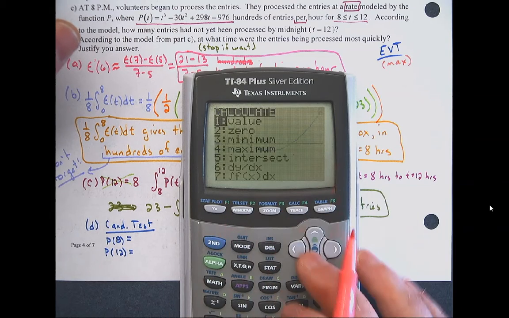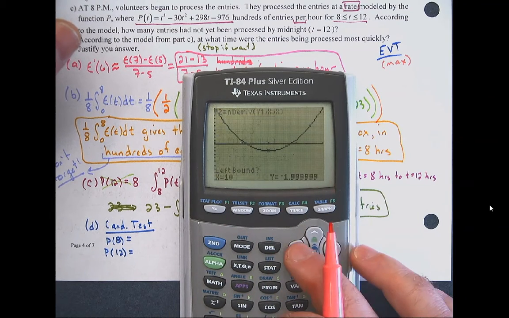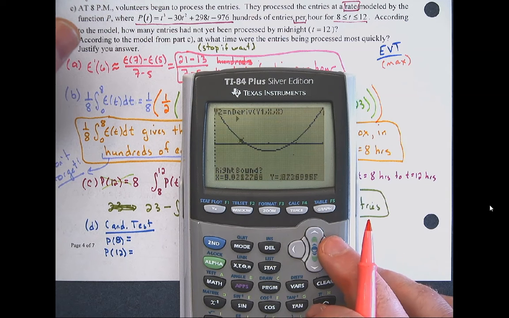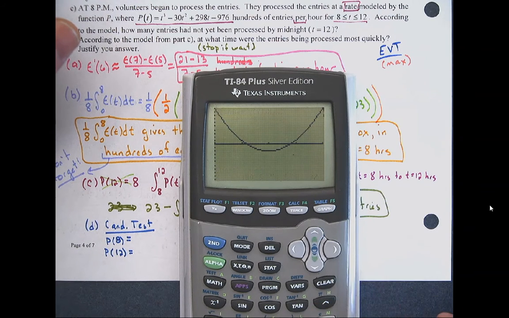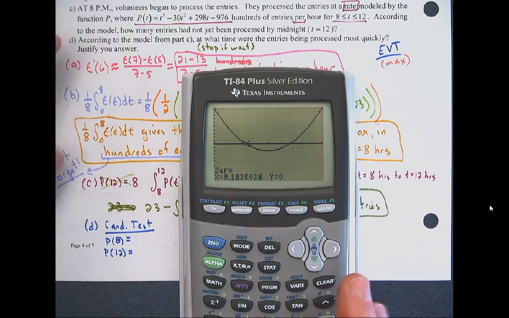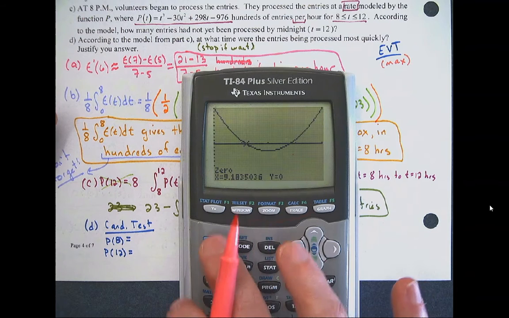Now there's two ways to do this. I can go second calc, zero, and then move to do the boundaries. You know how we do left bound, right bound? Take a guess. And that finds this number. Now I'm going to write this over here, but I'm going to use my calc to store this.